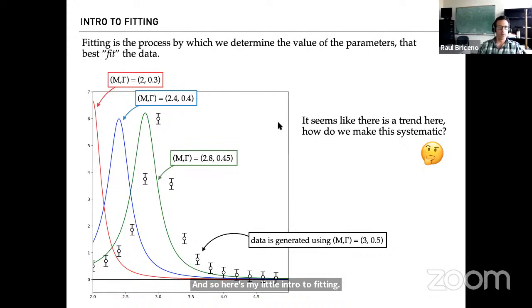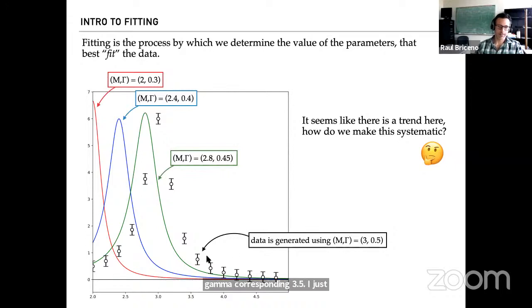One way you can try to find the parameters is this. You have some data, and here's some data I've generated. You can see that the data is peaked around 3 and has some sort of width. In fact, I generated this data using M and gamma corresponding to 3 and 0.5.